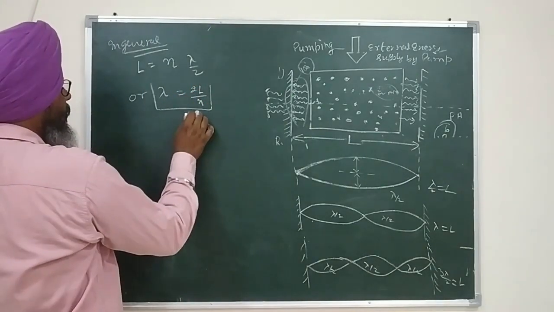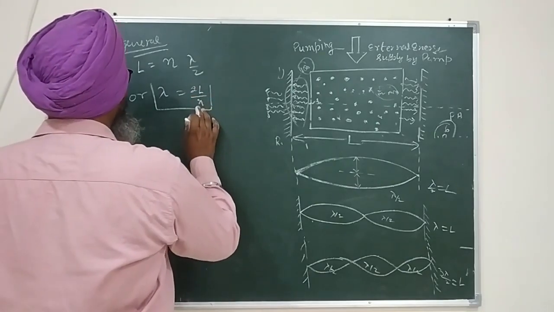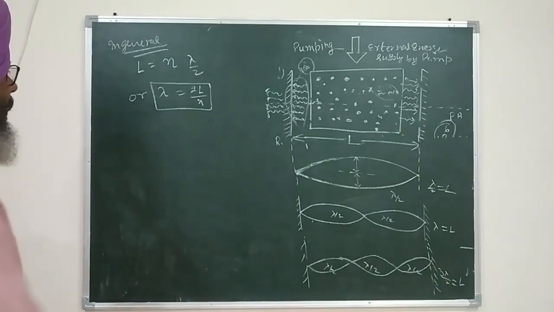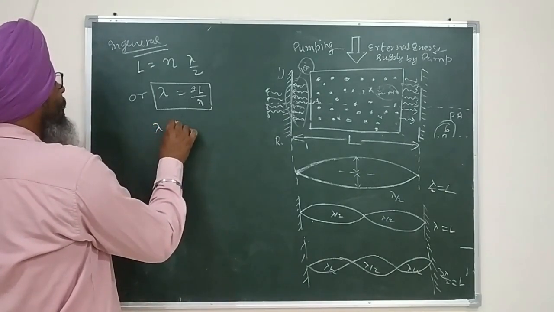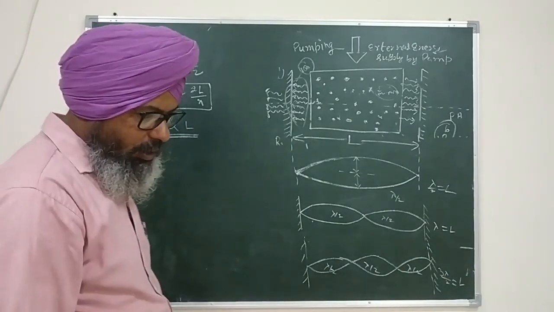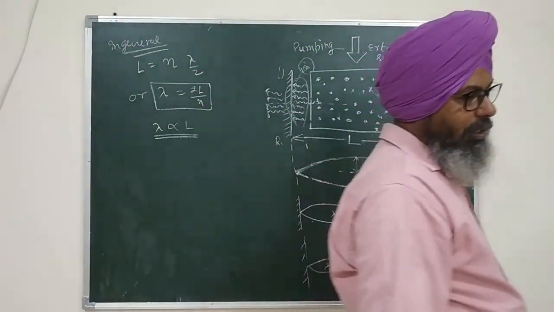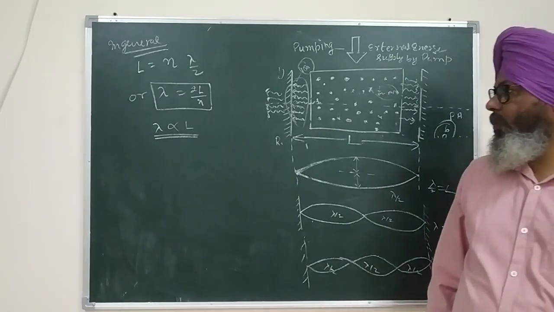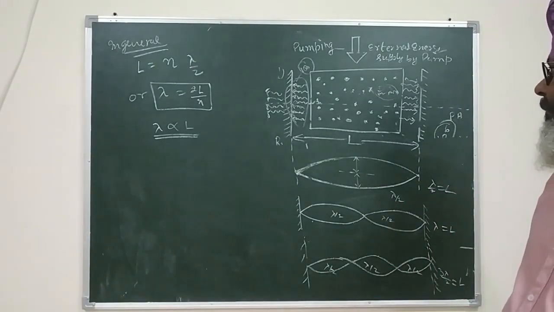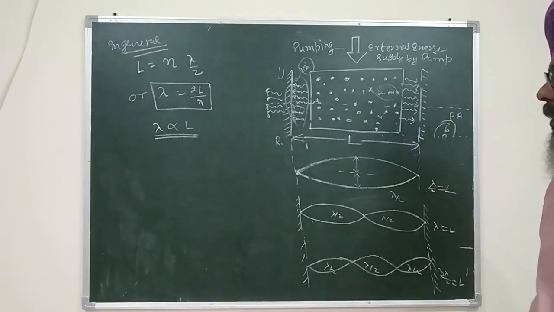Now, 2L by N, of course, this is okay. So kindly remember that wavelength is proportional to L. This is the stationary wave, or you can say the favorable wavelength, which can be formed within the two mirrors of an optical resonator.